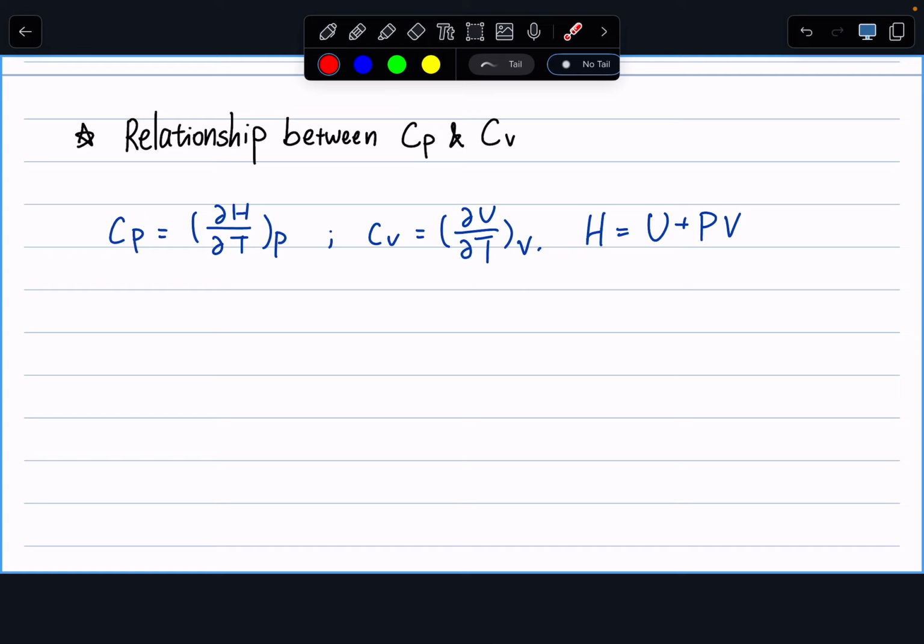And then we can plug it back into our original equation. So we have Cp minus Cv equal to du over dt at constant V plus du over dV at constant T, dV over dt at constant P, plus P times dV over dt at constant P, minus du over dt at constant V. So these two terms then cancel out.